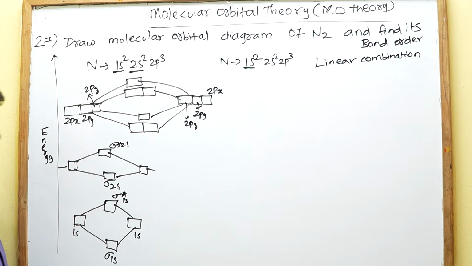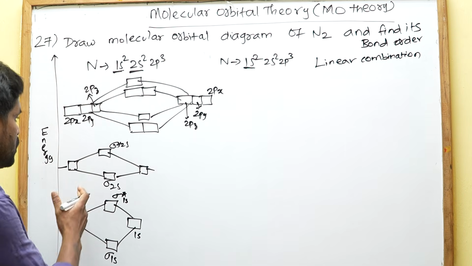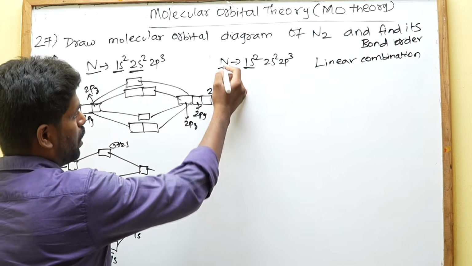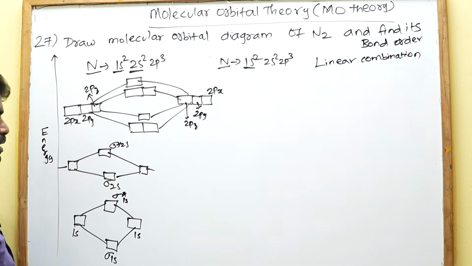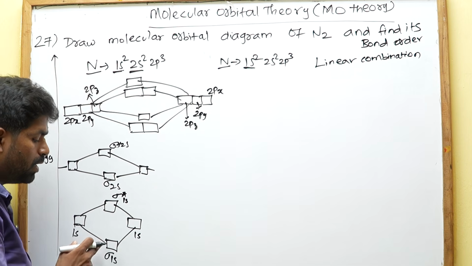So this is how we have to arrange the molecular orbitals and atomic orbitals. On the left we have the atomic orbitals of the first nitrogen, and on the right we have the atomic orbitals of the second nitrogen. In the middle, we have molecular orbitals. The lower energy orbital is called a bonding molecular orbital.